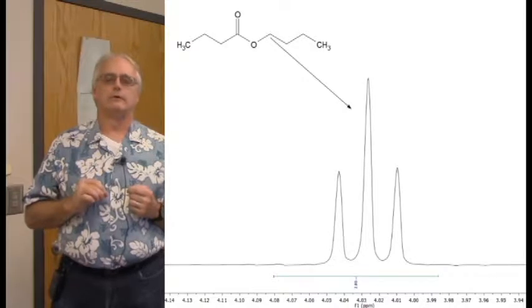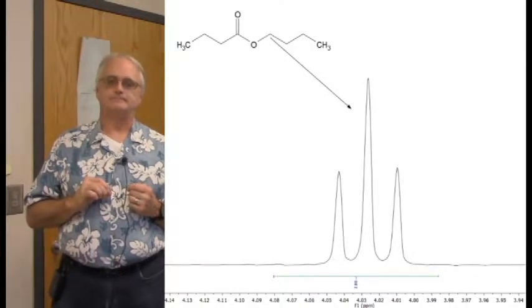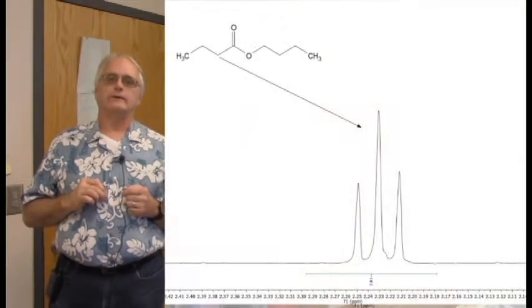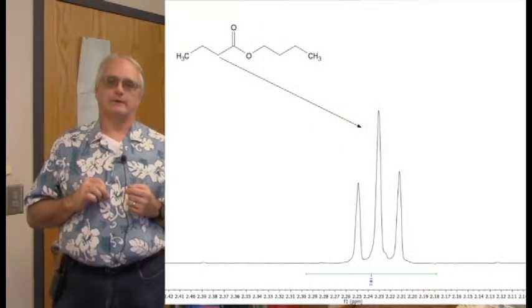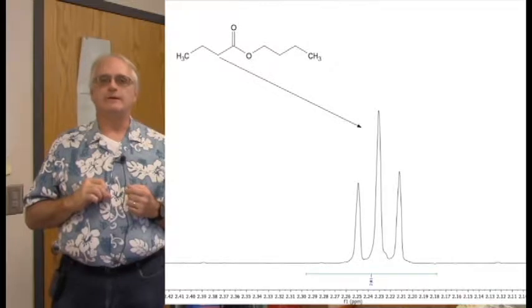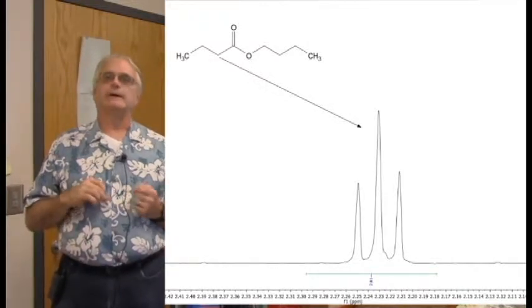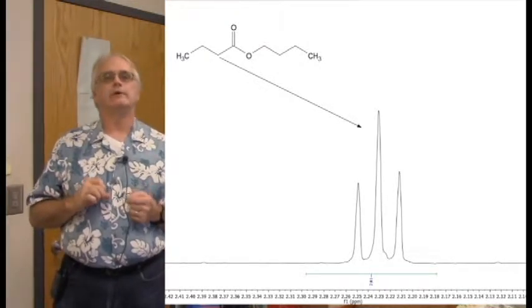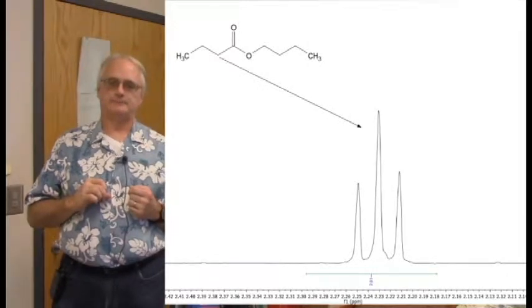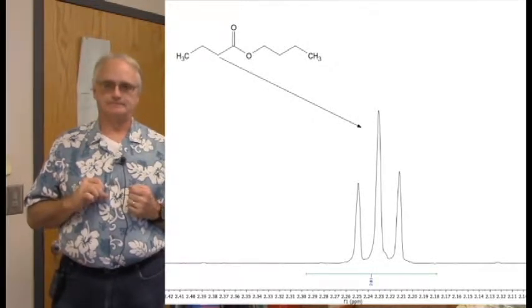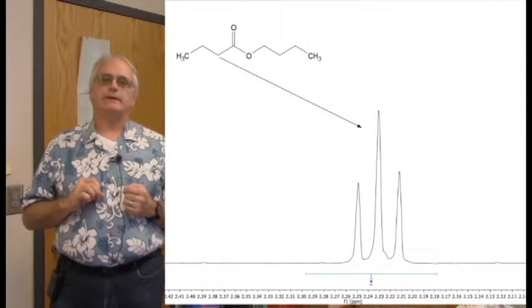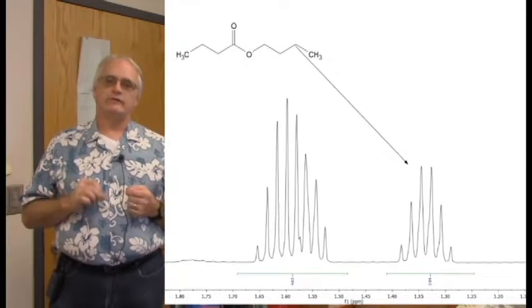It is a glorious textbook triplet. Beautiful. We look at this one over here next to the carbonyl carbon. It's just over 2 ppm, like we would expect it to be. It has 2 neighbors. It too is a glorious triplet. Beautiful.